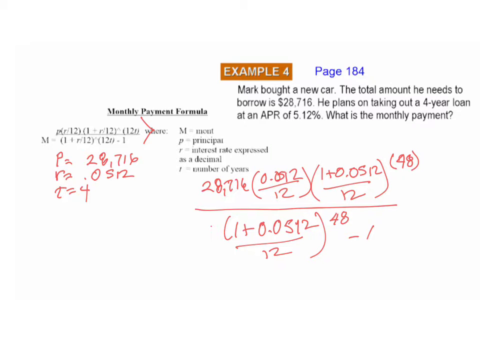That's the original whole top line. And then divided by, start parentheses. Start another new parentheses, 1 plus 0.052 divided by 12. Close those parentheses. To the power of 48 minus 1, close your parentheses. Whew! You plug all that in, and what you get as a monthly payment is $662.87.